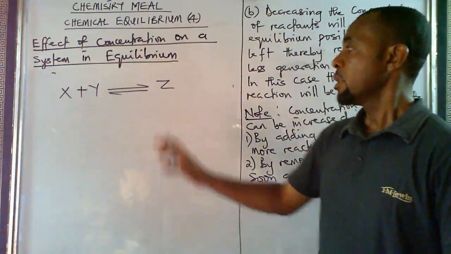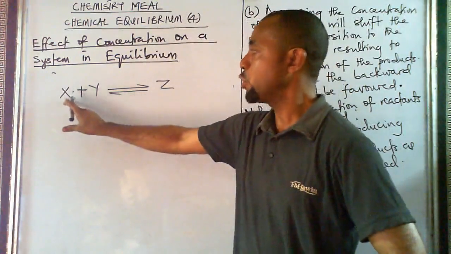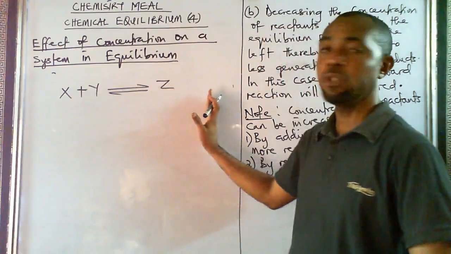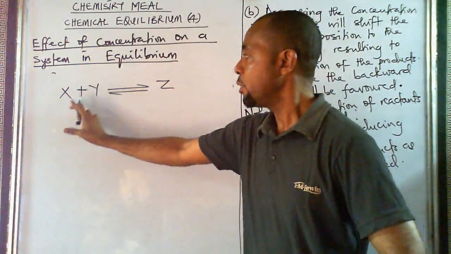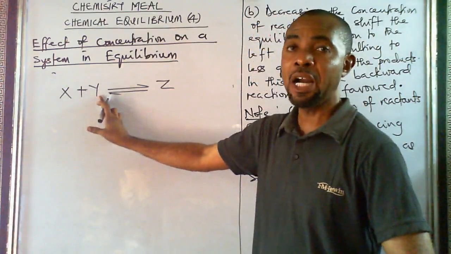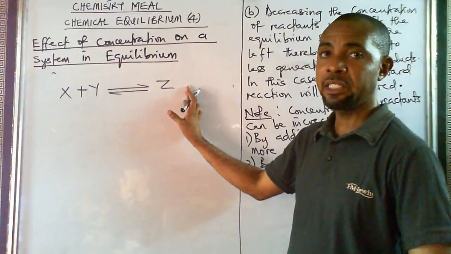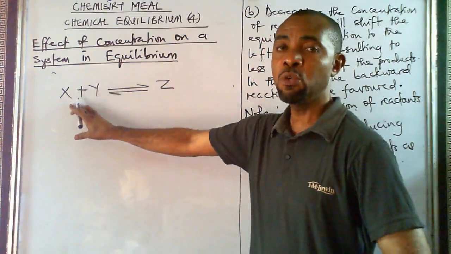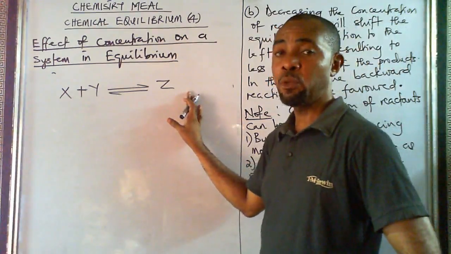Now, if we begin to introduce more of X here, you will see the equilibrium position will shift to the right. Because if we are introducing more X here, it will make X to react with Y, leading to generation of Z. So increasing the concentration of reactants will make the forward reaction to be favored.